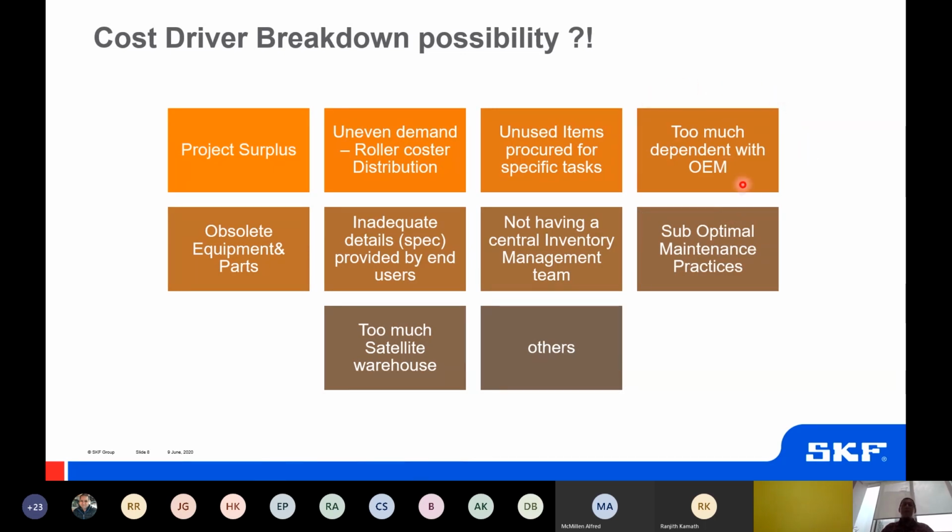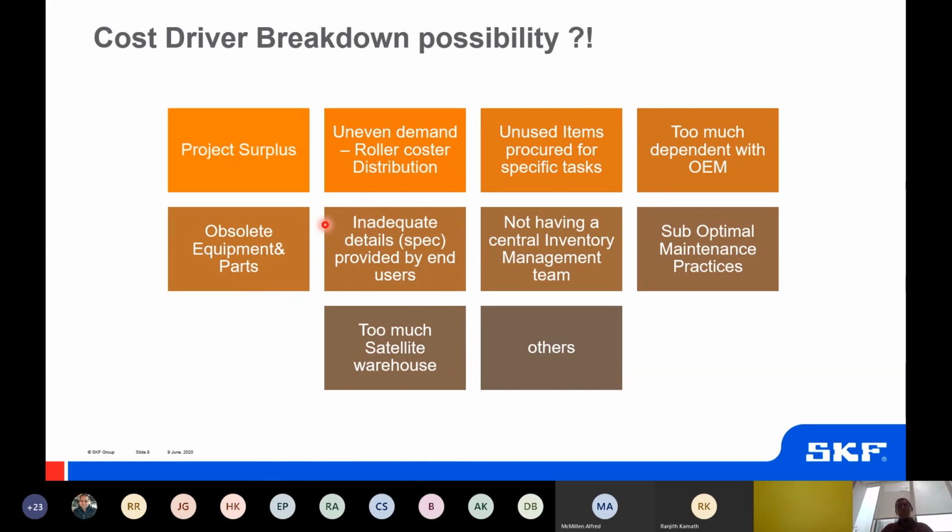Even though we have already passed the warranty period, we still carry the dependency on the OEM. And we very seldom manage obsolete equipment and parts. After 20 years, 30 years, we can lose track of obsolescence management, where the parts are not available anymore in the market, or the supplier has been bought by other suppliers, something like that.